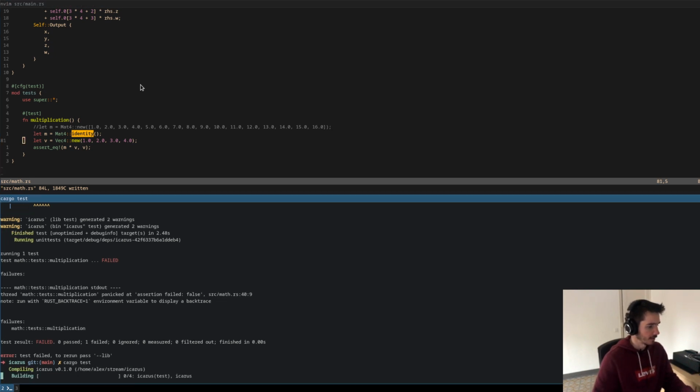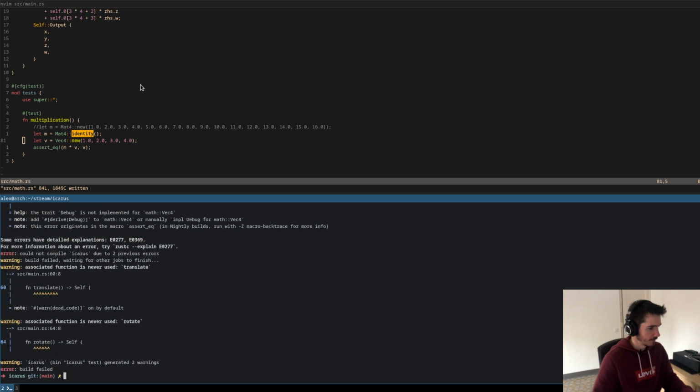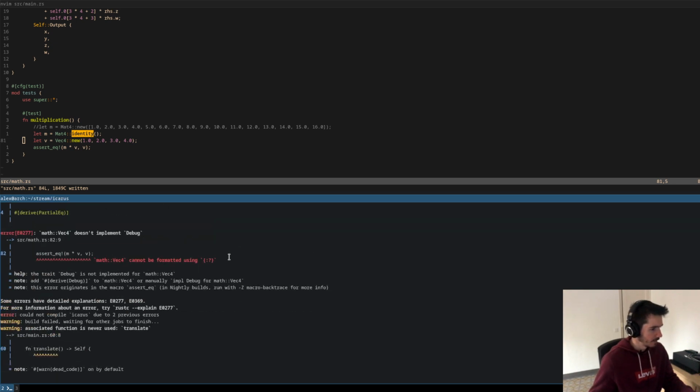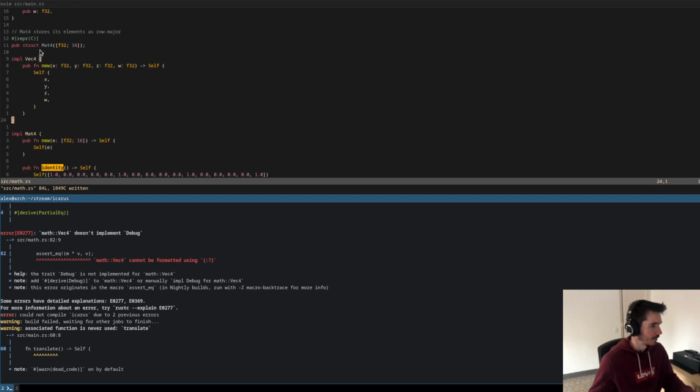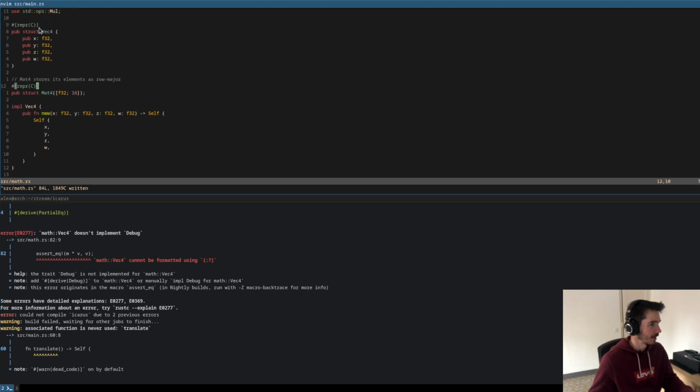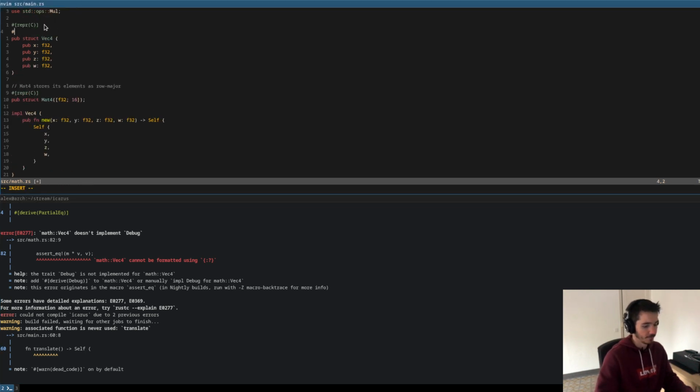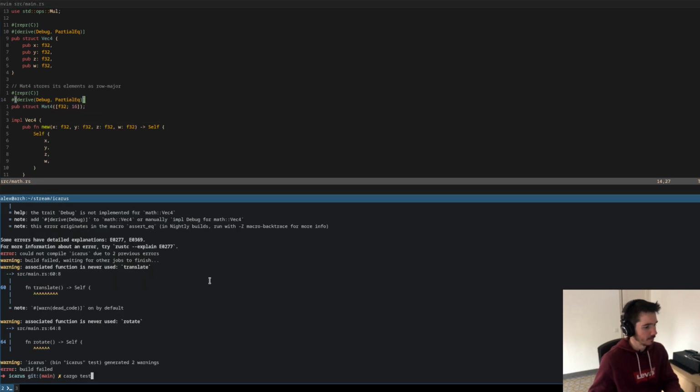And if we run the test, Vector 4 cannot be formatted, so we need to implement the debug trait for these types. Debug and probably also partial eq to be able to compare them. Derive debug, partial eq. We run it now.